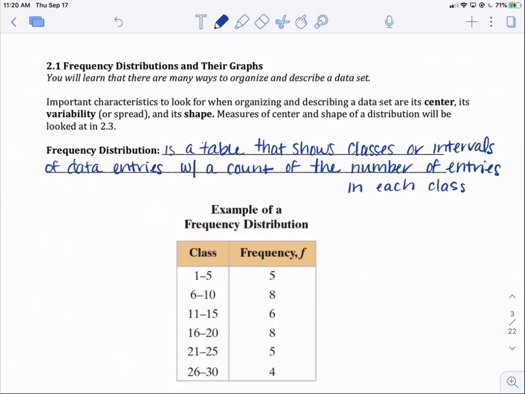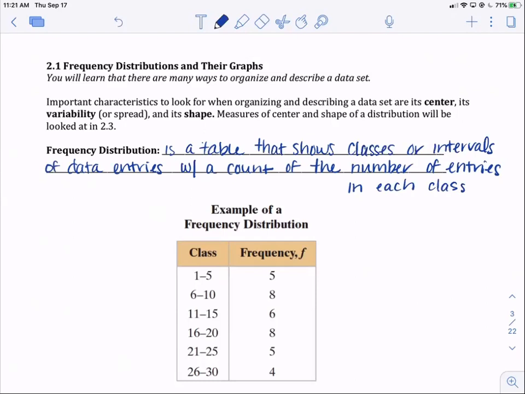So a table that shows classes or intervals of data entries with a count of the number of entries in each class. And then there's an example of a frequency distribution. Okay, so it shows you the different classes, and then it shows you your frequency.